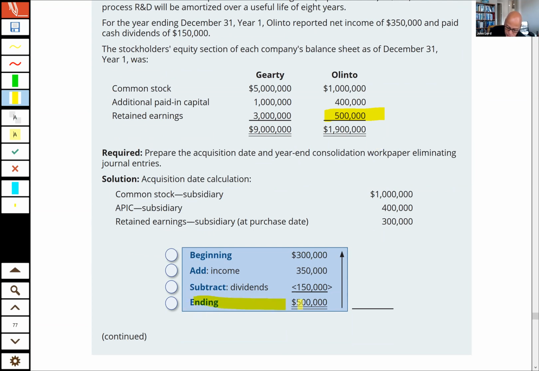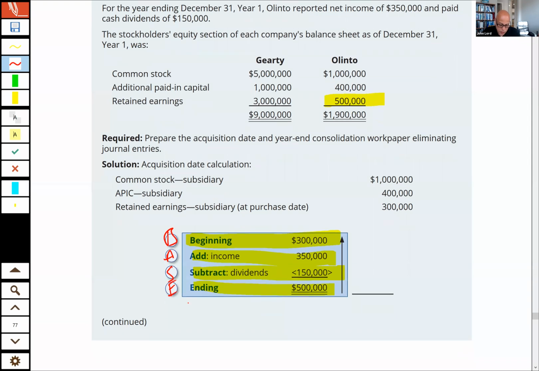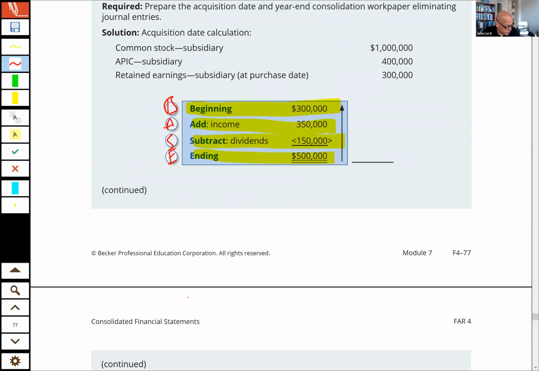So you'd start with the ending balance. They'd have to tell you the dividends. They'd have to tell you the income. And then that would allow you to get back to the beginning balance of the subsidiary's retained earnings using the BASE approach. So you eliminate the beginning, not the ending retained earnings of the subsidiary.